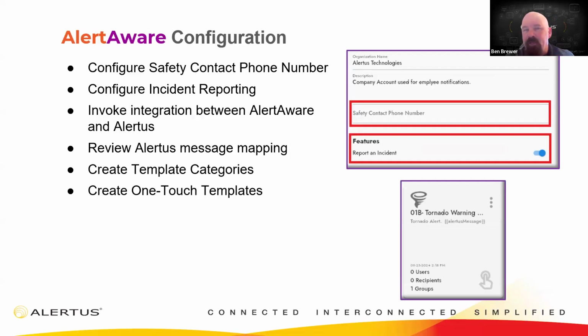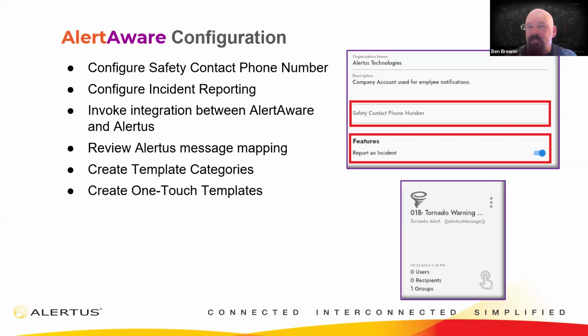And obviously, a lot of these activities can be ongoing simultaneously while other activities are still in the works of completing. But the things that we'll work with you on is, if we did not have that safety contact number when we initially established your account, but you decide that you want to invoke that capability within the mobile app, you'll be able to enter in your 10-digit phone number, or I should say your safety contact phone number, because we recognize that some might just be 3 digits, some might be 4 digits, some might be 7, others may be 10.